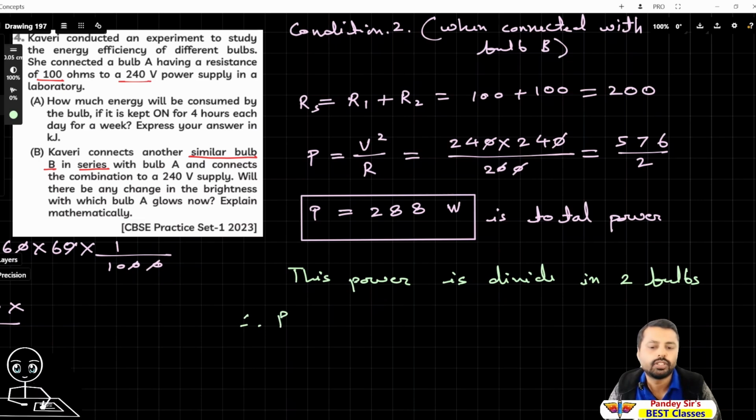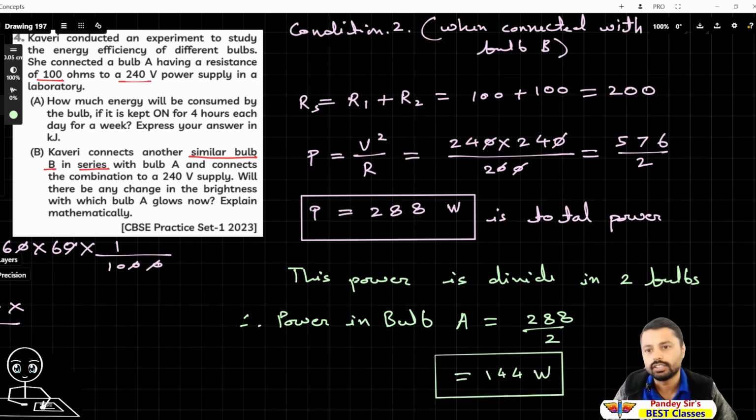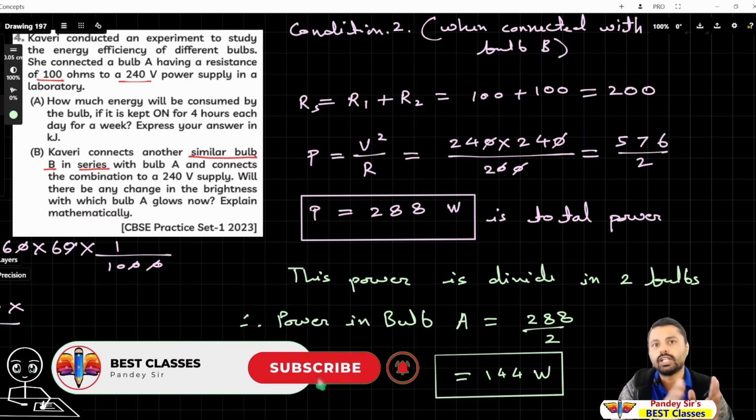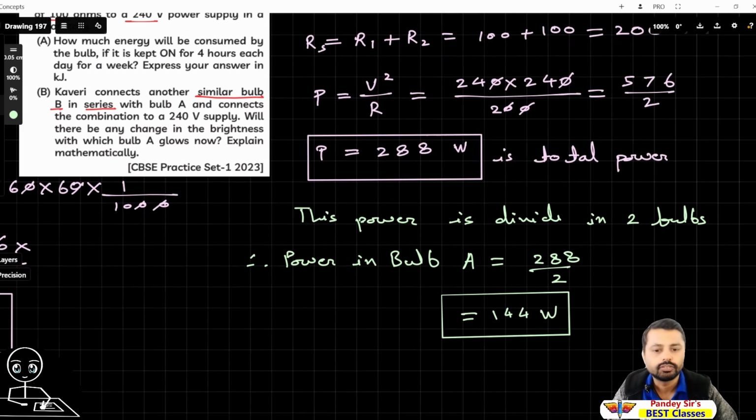Therefore, power in bulb A equal to 288 by 2. That's 144 watt. So that's it, done. Now you see, in the first condition bulb A is getting 576 watt, whereas in the second connection bulb A is getting only 144 watt. So the power has been substantially decreased, and that's why the brightness will also decrease.